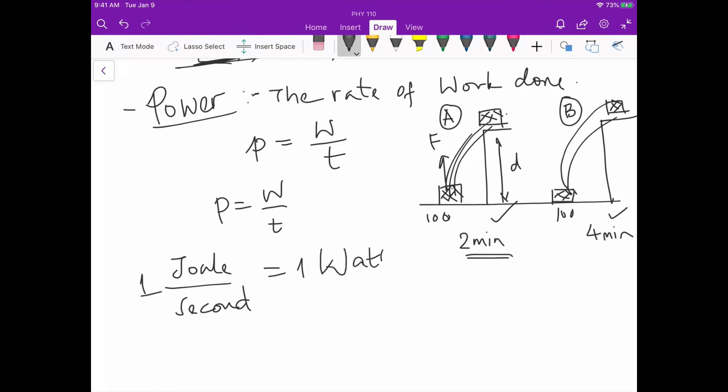So this unit of power is watt, and it's abbreviated as W. 1 joule over a second is equal to 1 watt.